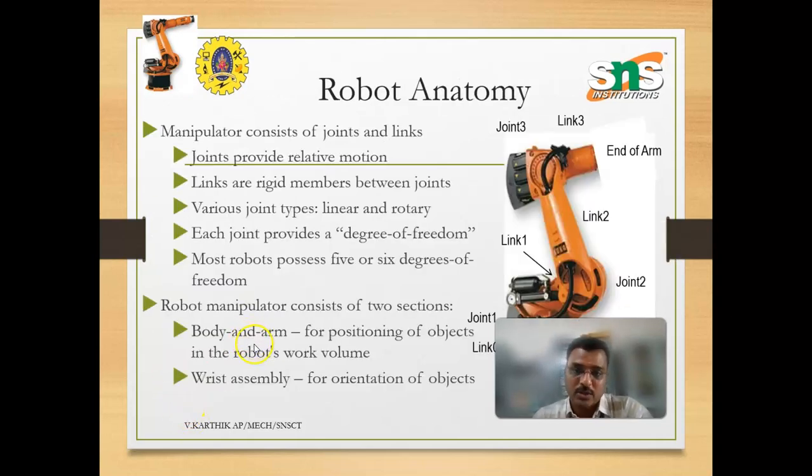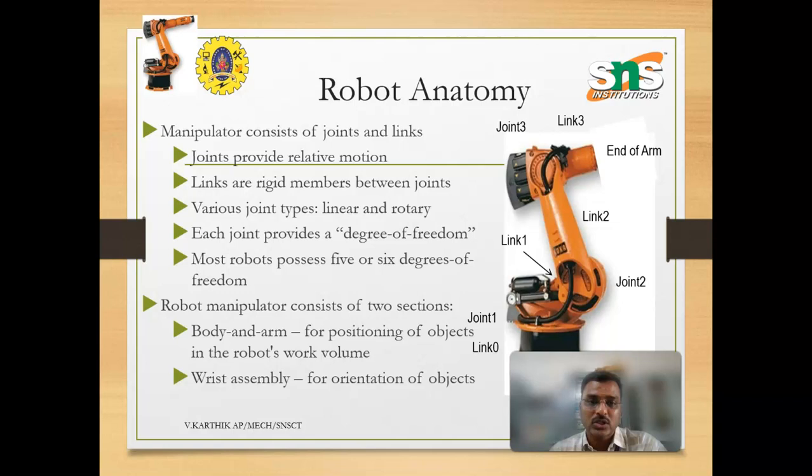Robot anatomy is nothing but the joints and links, which are like the human hand, and it is also one of the important considerations in industry.